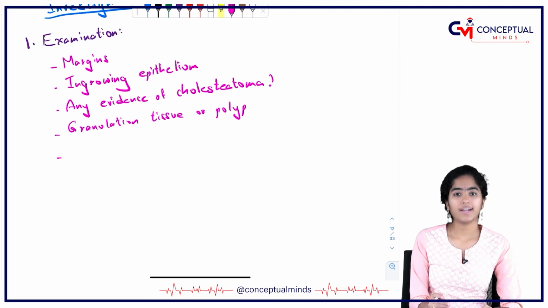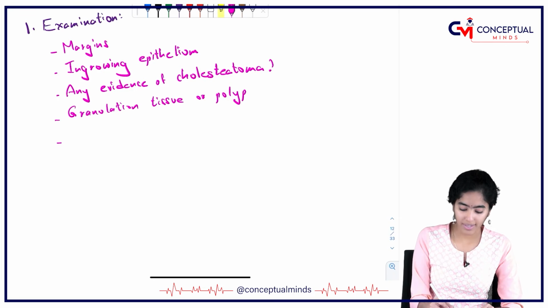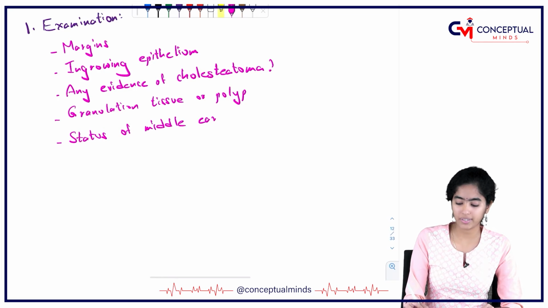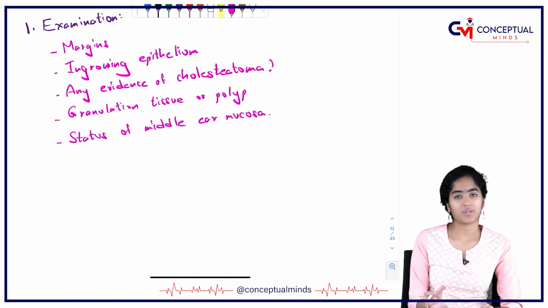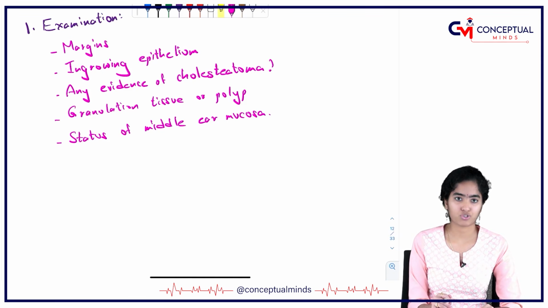And then try to collect the middle ear discharge, if any is present, with a swab. And look at the status of middle ear mucosa. Through the perforation, you can see the middle ear mucosa. If it's a large perforation, you can very clearly see. That will tell you the status, whether it is active or inactive stage.